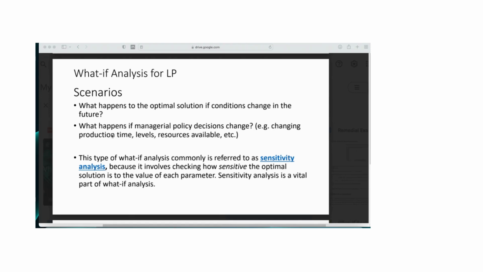Will it change? Another example is if the resources available were lessened because of managers' decision to cut costs, which will impact the availability of resources. What will be the impact on our optimal solution?